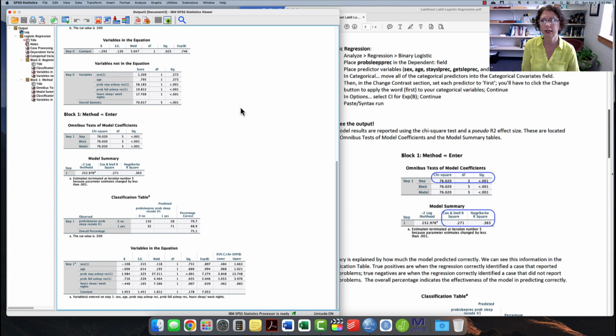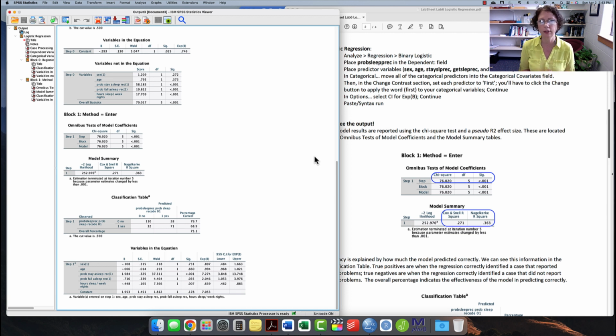But then we're going to move down to this part called block 1. And this is where we get the information we need for the write-up. We have the chi-square test, and the chi-square came in as significant, at a value of 76.02 with 5 degrees of freedom.